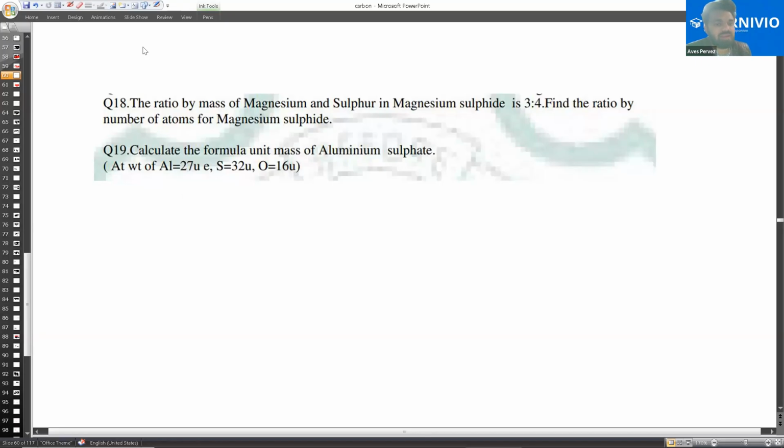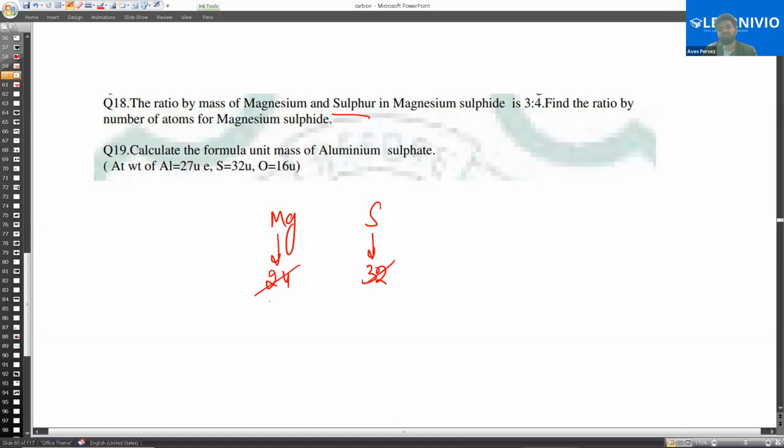The ratio of mass of magnesium and sulfur in magnesium sulfide is 3:4. Find the ratio of number of atoms of magnesium and sulfur. Why can't you find out the ratio of atoms? You know that magnesium has a mass of 24 and sulfur has a mass of 32.